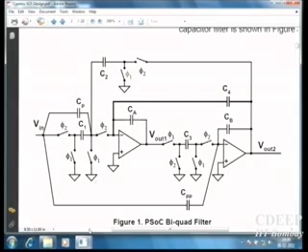Okay, yeah. So I was saying that because this is sampling input at phi 2, then output is sampled at phi 1. Therefore, you don't have that problem of having so many series switches in the signal path. Okay, so this is just internally. Then now in phi 1, out 1 will get transferred and in phi 2 it will come to the output.